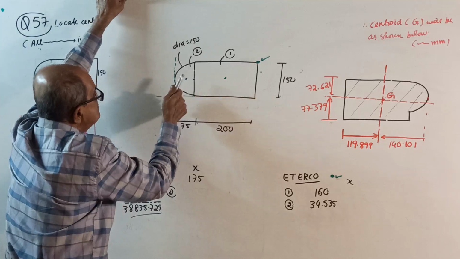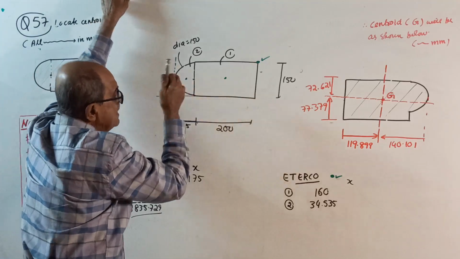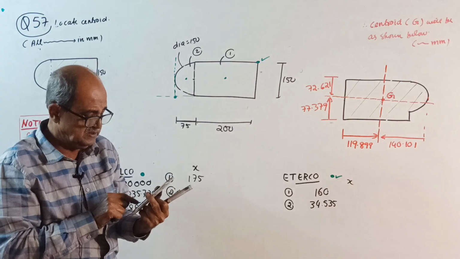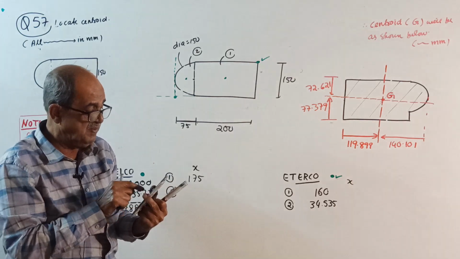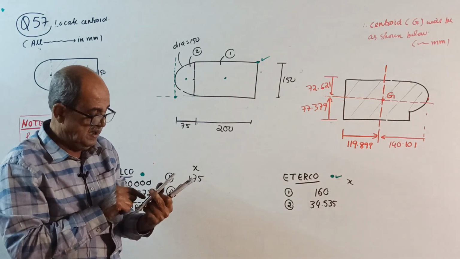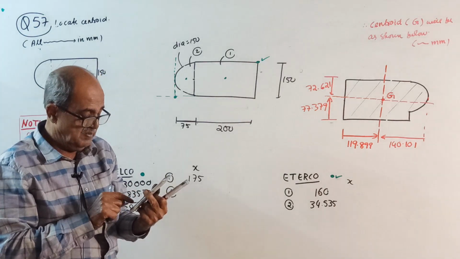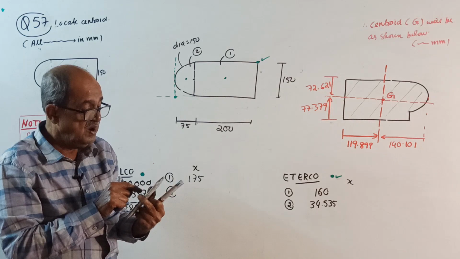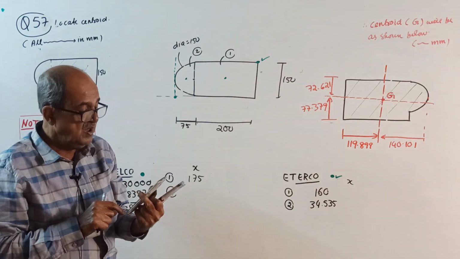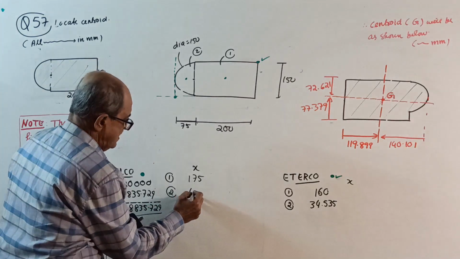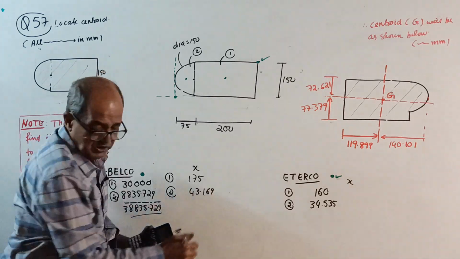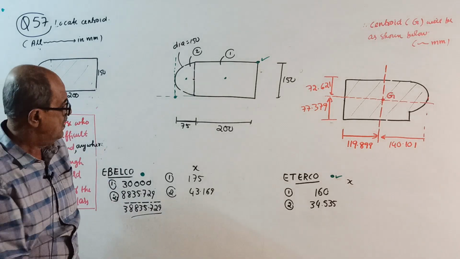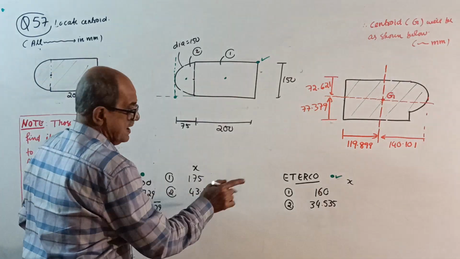Figure number 2 is 75 minus 2d by 3 pi, that is 75 minus 2 into 150 divided by 3 divided by pi, which is 43.169. I note down the answer. With 43.169 and 175, you get the x bar value.